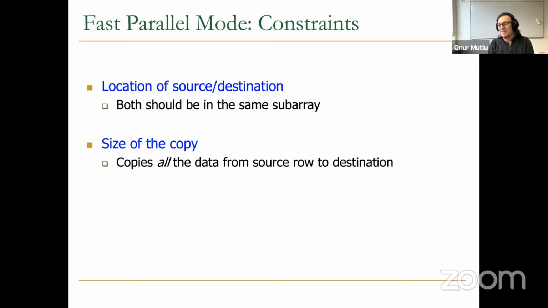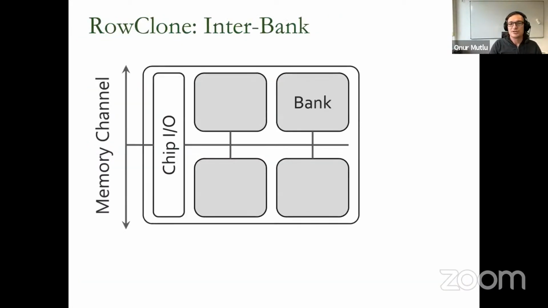It's also an issue in existing CPU designs, right? What's the granularity of a cache line? What's the granularity of an operation? But granularity becomes problematic if your basic granularity is very coarse-grained, like 4 kilobytes. That doesn't sound good potentially. So these are constraints. These are also the downsides of the fast parallel mode. So the paper proposes mechanisms for interbank copy as well.